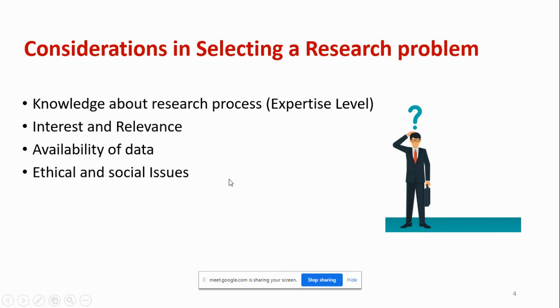And the availability of data, another very important thing. You cannot do research on something that you don't have any knowledge or any data about. Let's say you cannot investigate something that depends on data and you don't have the data about it at all.